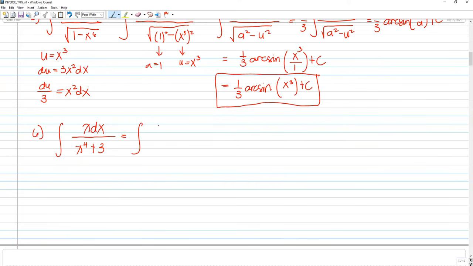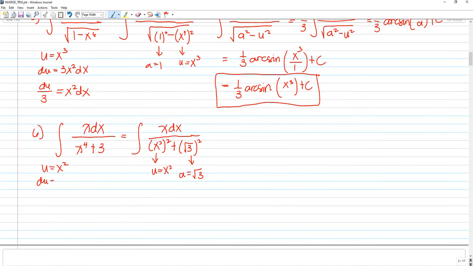So that would be the integral of x dx all over x squared squared plus, of course, we should get the square root of 3 squared, so that if we square the square root of 3, that would still be equal to 3. Okay? So this would be our u, x squared, and a would be equal to square root of 3.